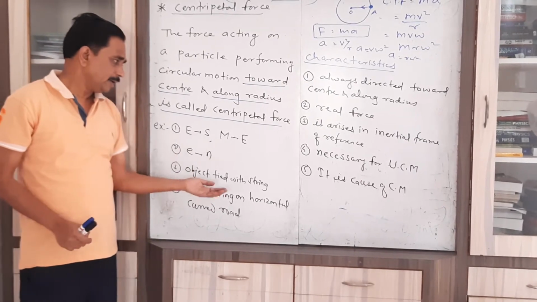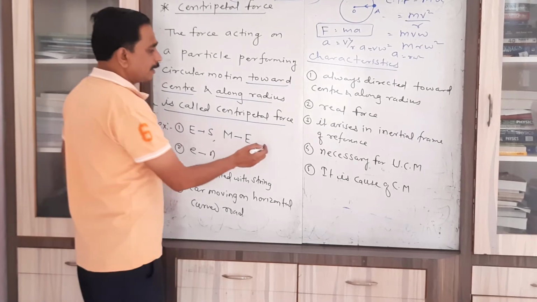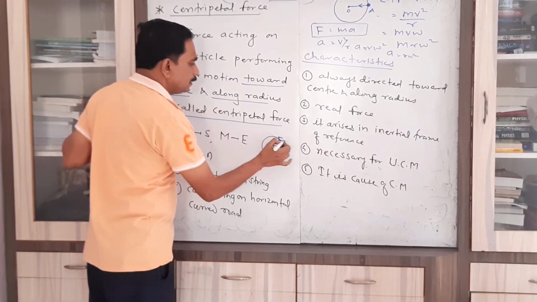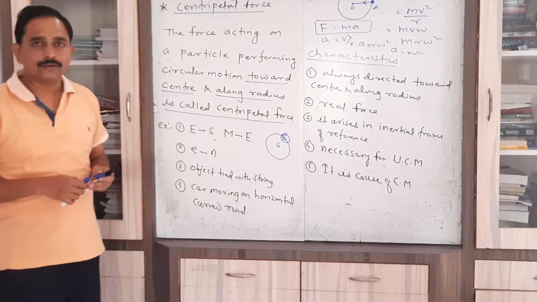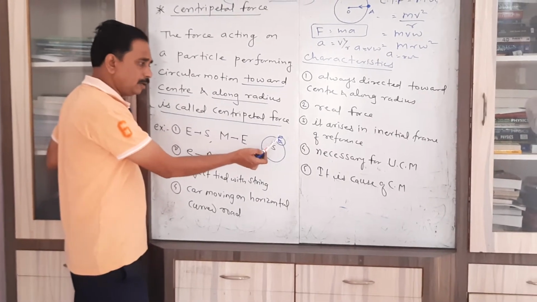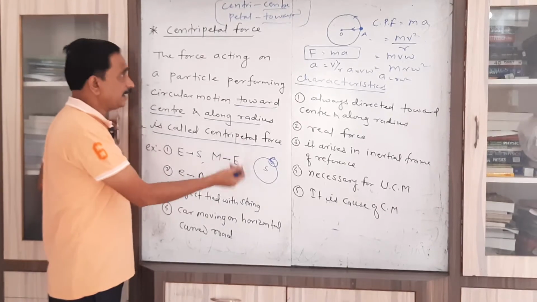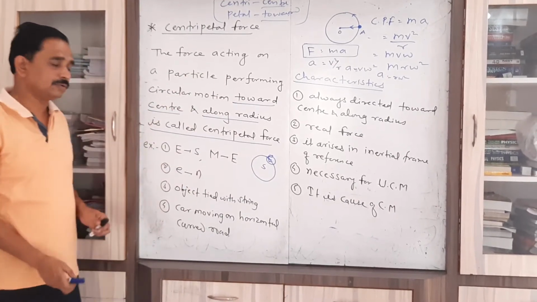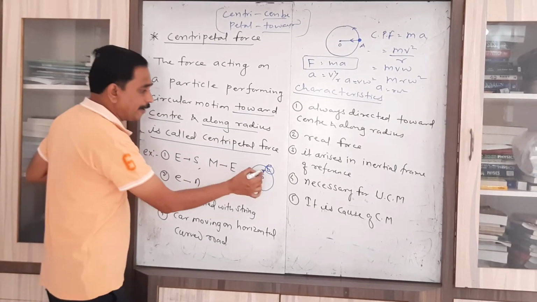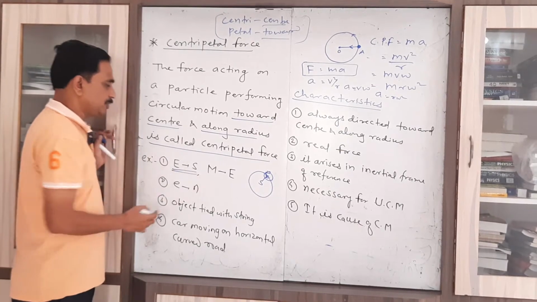We consider here the known example. Now all of you know that Earth revolves around the Sun in a particular orbit. For the circular motion of Earth around the Sun, whatever force is necessary, that force is the centripetal force. This centripetal force is provided by the gravitational force of attraction between Earth and the Sun.